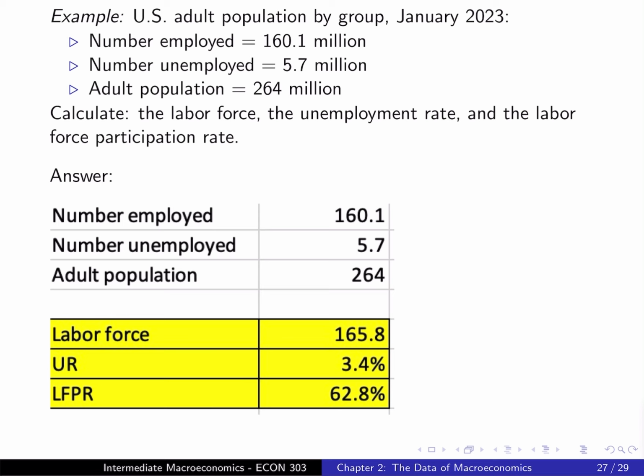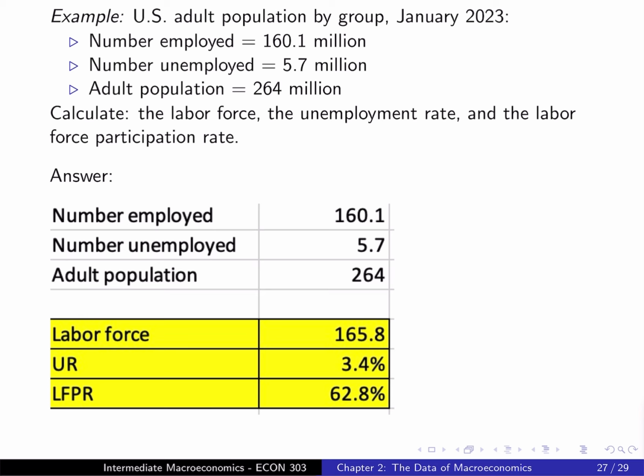To find the labor force, we add the number of employed and unemployed individuals. Labor force equals 160.1 plus 5.7 equals 165.8 million. This tells us how many people are actively participating in the labor market, either working or seeking work.